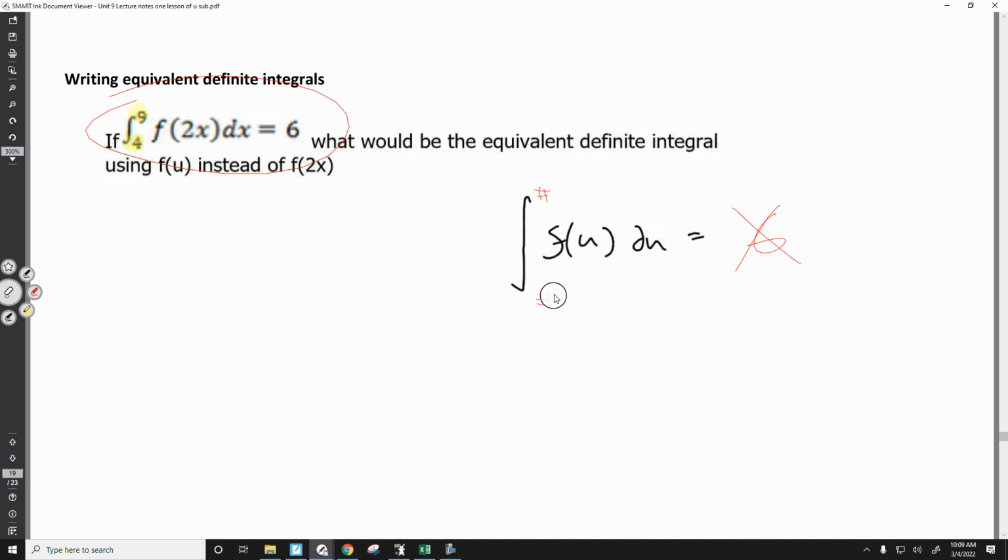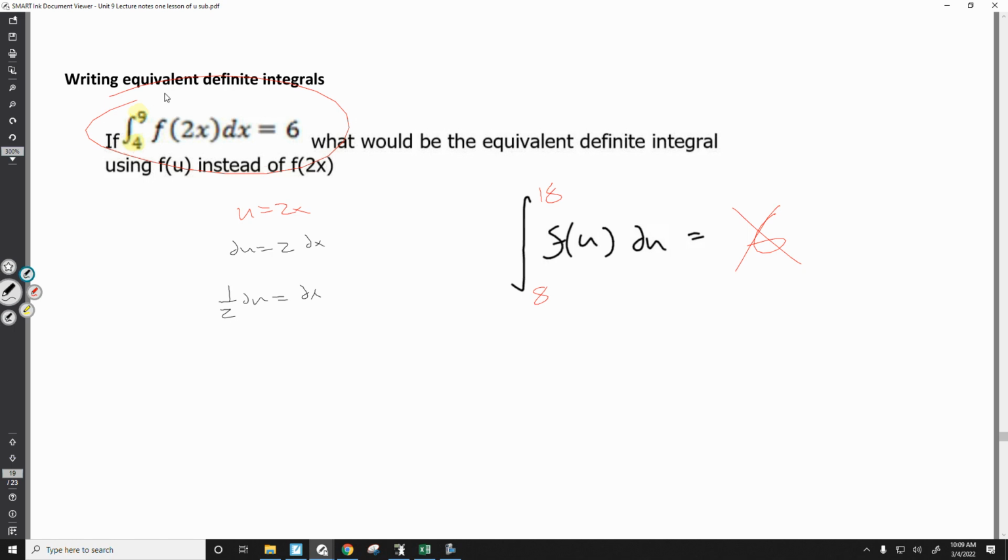Now, many of you will understand that u equals 2x. Embrace this, guys. Don't give up. This is 8 and 18. Great. If you have been using u-substitution, you know it doesn't just stop there. You have to take the derivative. You have to solve 1 over 2 du equals dx.